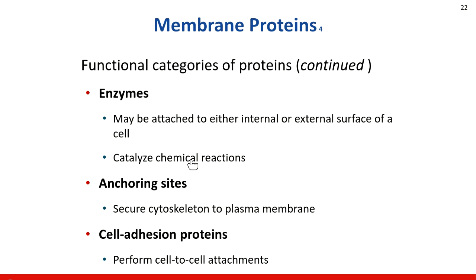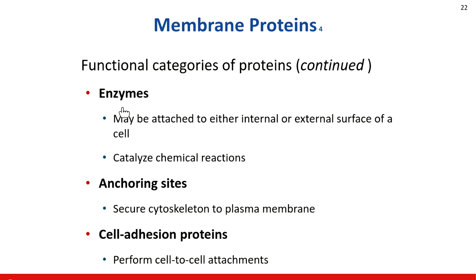Enzymes are an important functional category for membrane proteins because cells undergo a lot, and when I say a lot, I mean a lot, of chemical metabolic processes. In order to start some of these chemical reactions, much like you need a flame to start a fire, a lighter, for example, is a catalyst to a campfire.